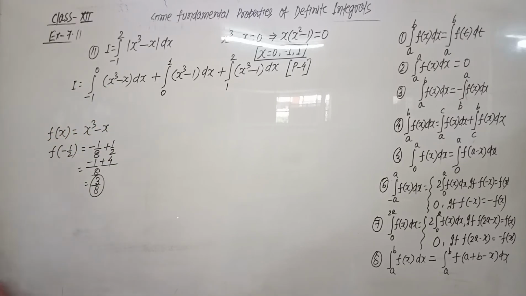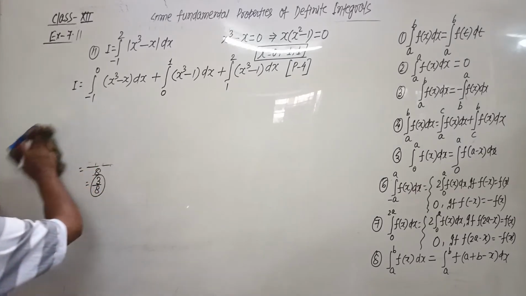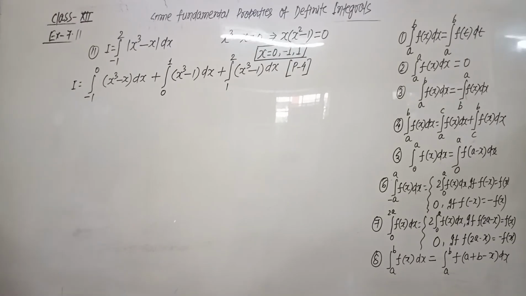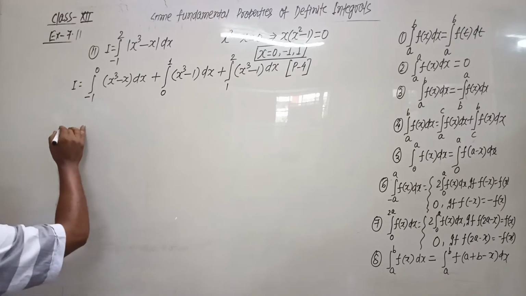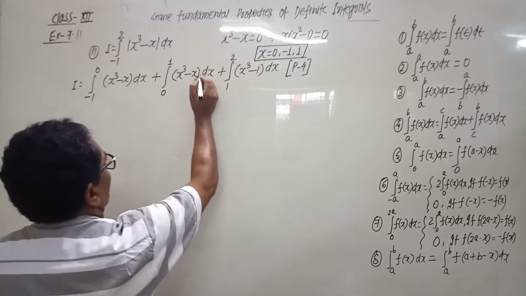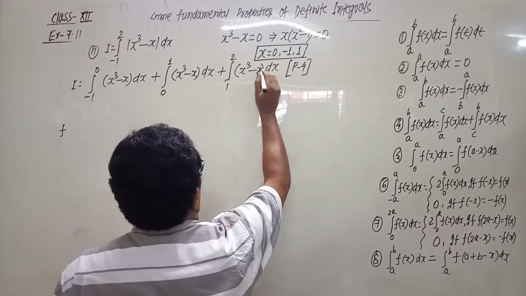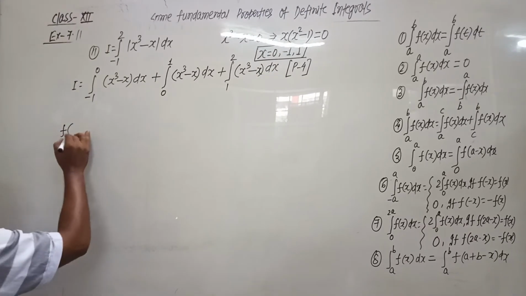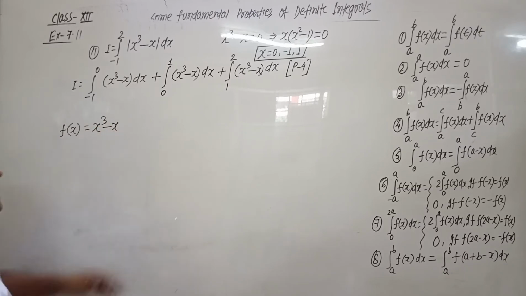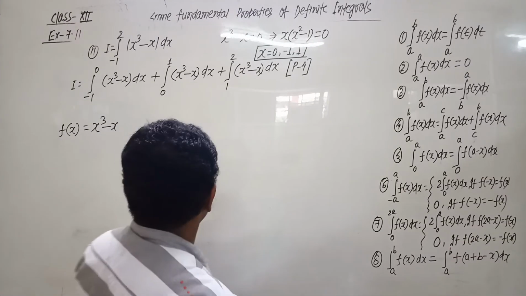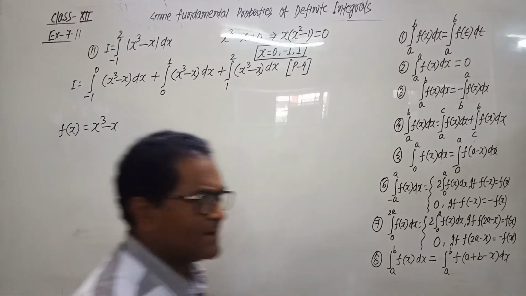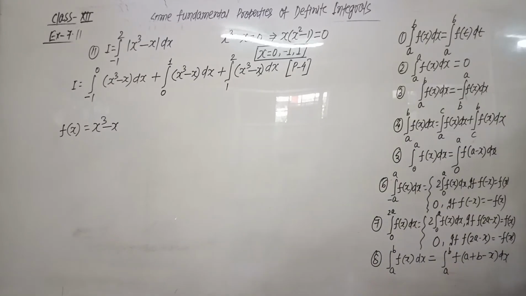Now, for the interval 0 to 1, we have to decide whether its sign will be positive or negative. The function is again f(x) = x³ - x. Select any value lying between 0 and 1.